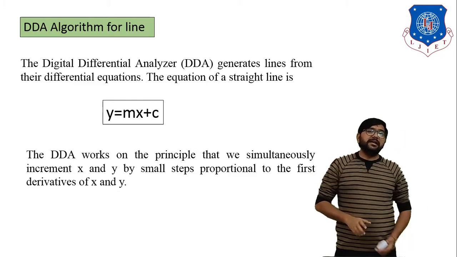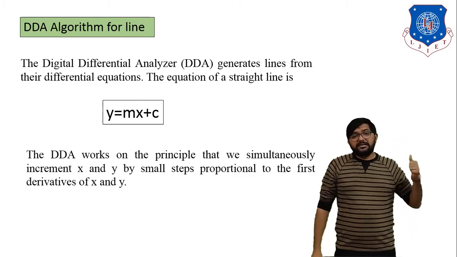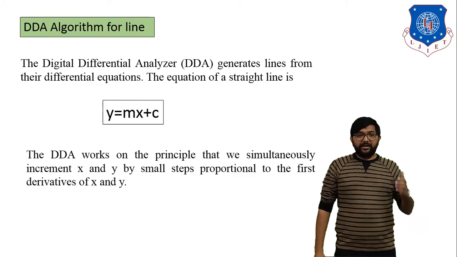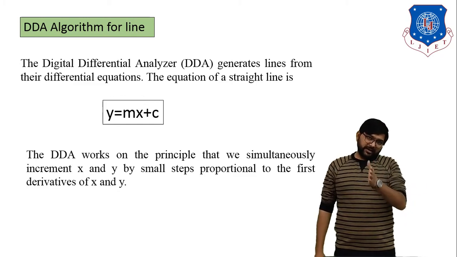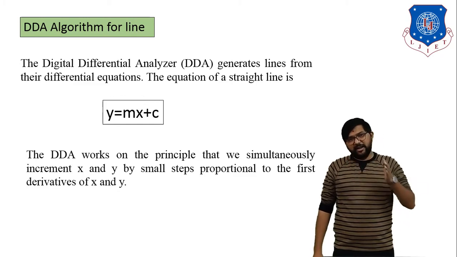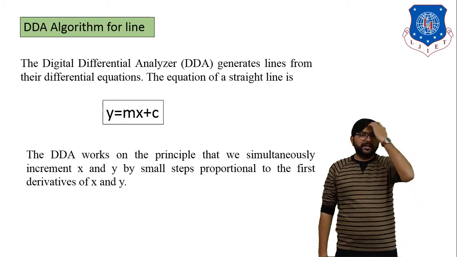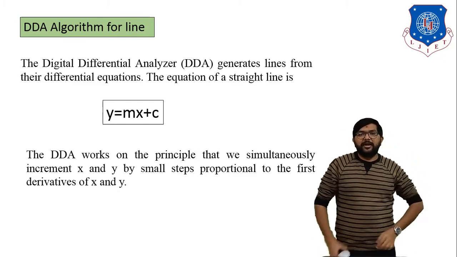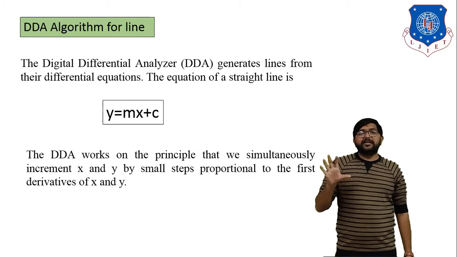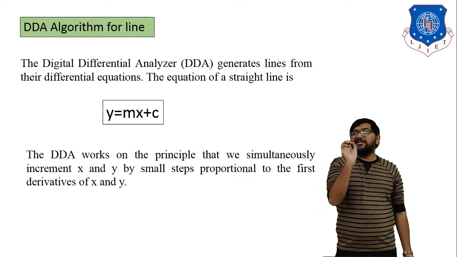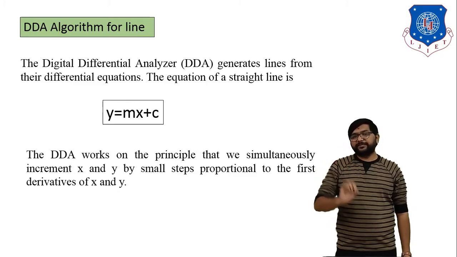Okay, so the digital differential analyzer generates a line from its differential equation. So the differential equation of the DDA algorithm is y is equal to mx plus c, that is the equation of the straight line. But in graphic display devices, one program runs, that is a C language program.